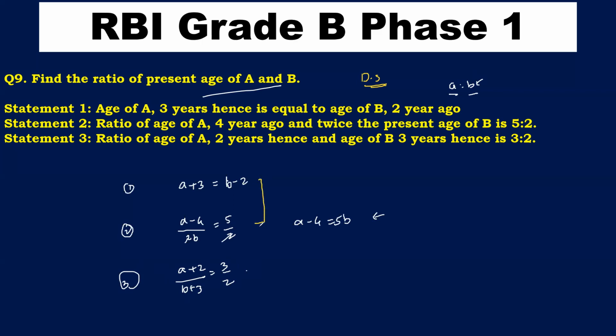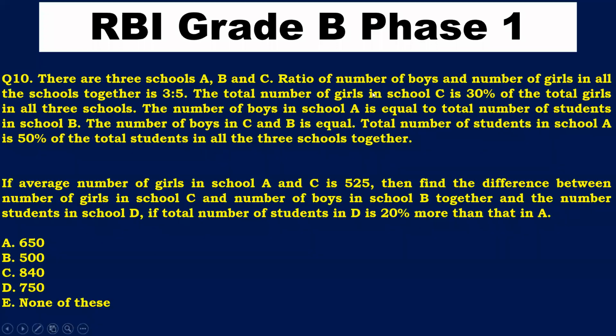So any two equations, if you pick simultaneously and you solve for A and B, you can calculate the value of A and B, and you can solve for this ratio. That means the answer should be any two of the three. Options are not here, but as you know, for these types of questions, the answer should be any two of the three. Let's see one more.